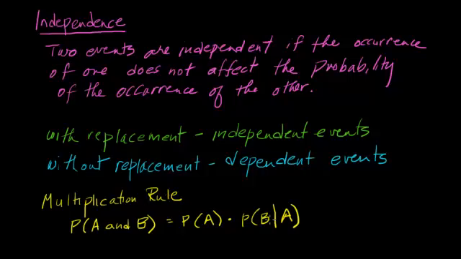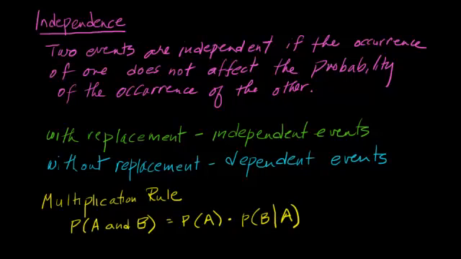So if they are independent, the probability of B given A has occurred is the same thing as the probability of B. If they are dependent events, then we do make an adjustment for this condition.